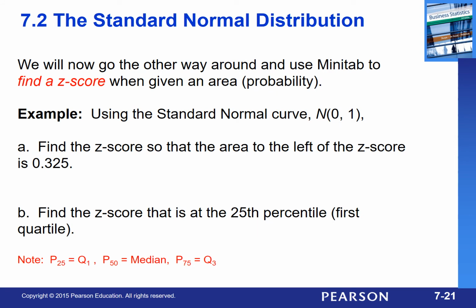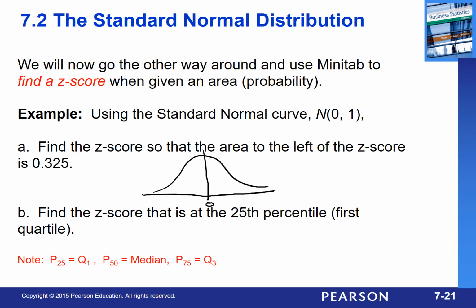Okay, so let's look at going the other way around. Let's use Minitab to find a z-score given an area probability. So find the z-score where the area to the left of the z-score is 0.325. If you're trying to picture this, let me draw this. You've got your standard normal curve, and there's 0 because that's the mean.